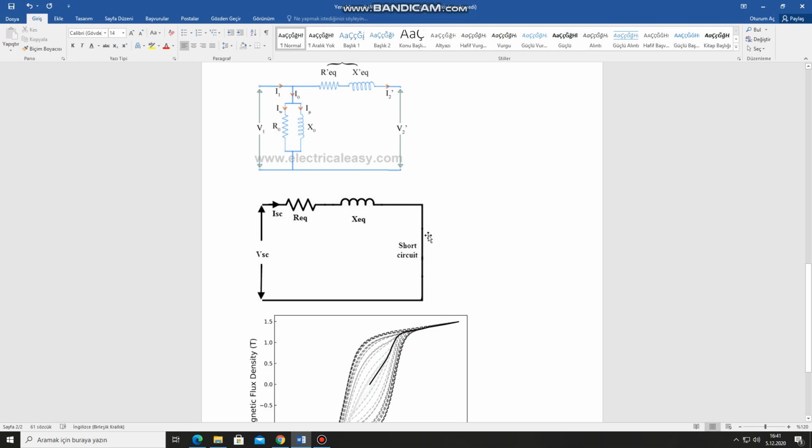But in our short circuit test, the parameters we are trying to find are R equivalent and X equivalent, and these are the copper losses, especially this one. To find copper losses, applying just one voltage level or one rated current level is enough, because this is just a copper loss and it doesn't depend on the applied voltage.